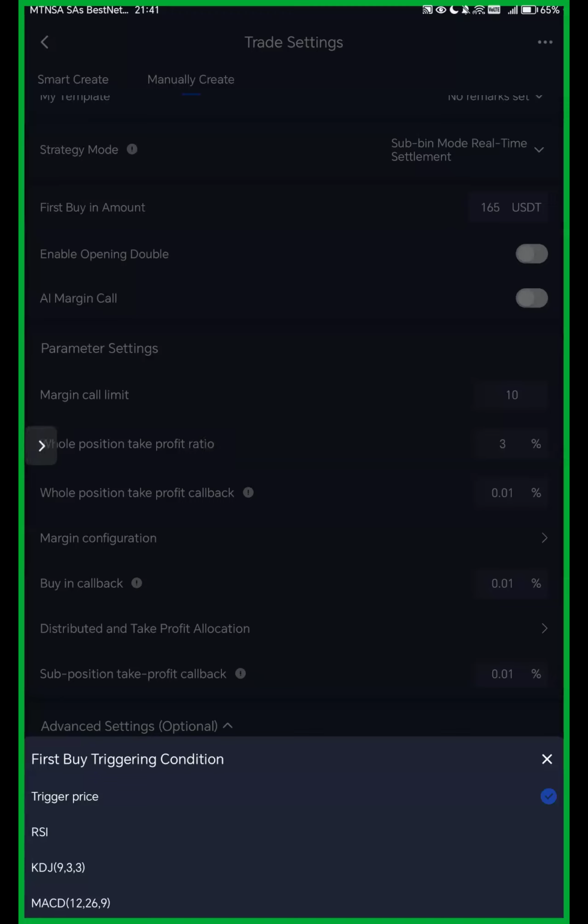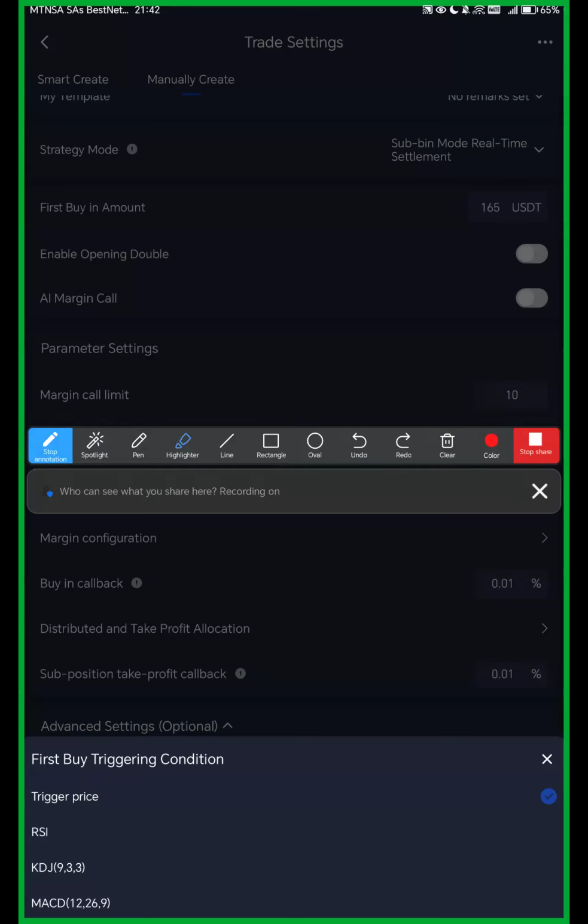Your first buy triggering condition should be triggered by what? There is triggered by price, meaning you are entering at the current price. When you leave it here, you are entering at the current price, unless you are doing a preset.